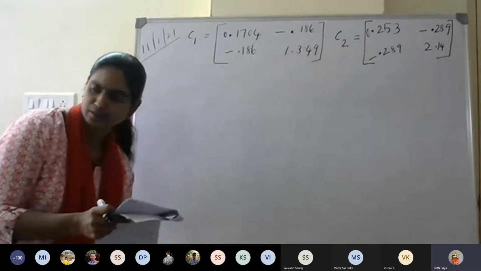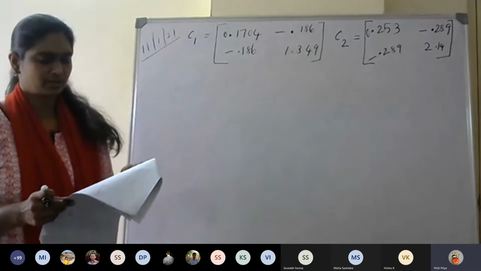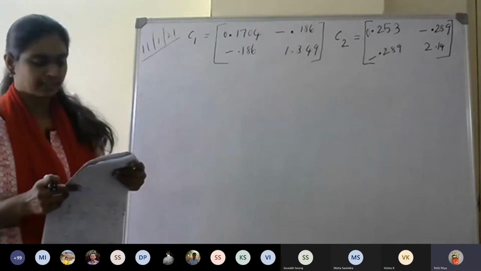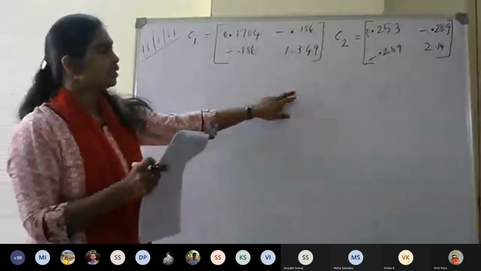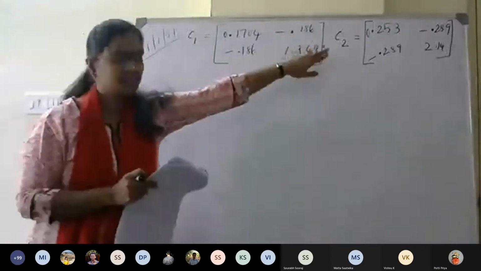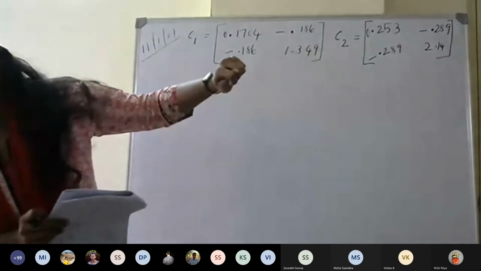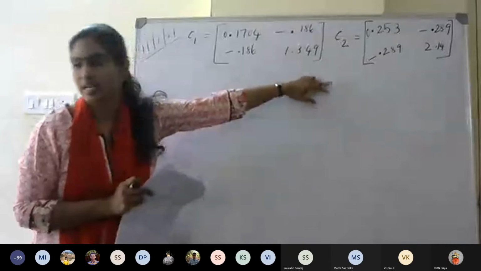Ma'am, that ni value for the first matrix is 4, no ma'am? And then for the second it is 3, that only, no ma'am? Yeah, correct. Yes. And then for C2, I got 0.253. Instead, it is given 0.259. And then minus 0.286. This is minus 0.289.